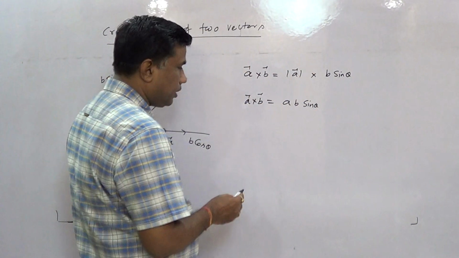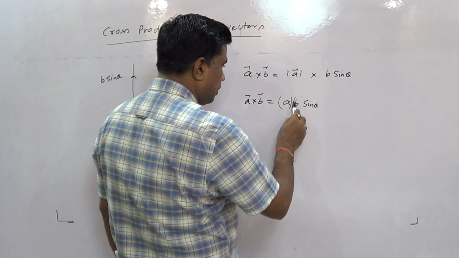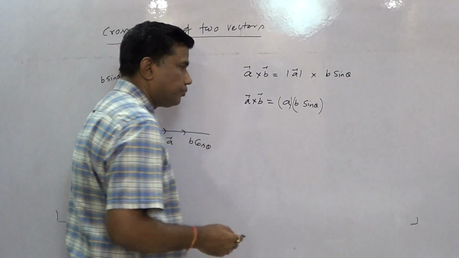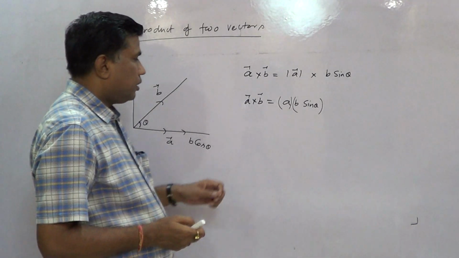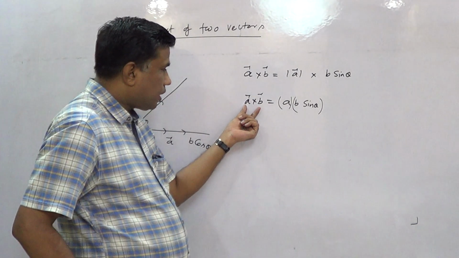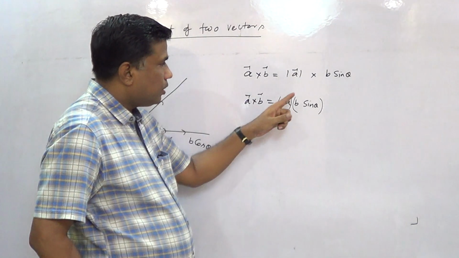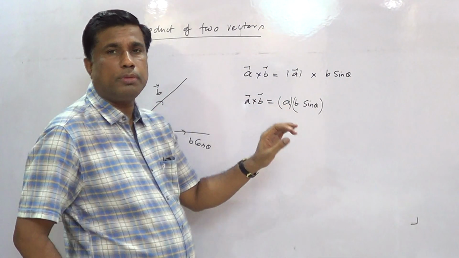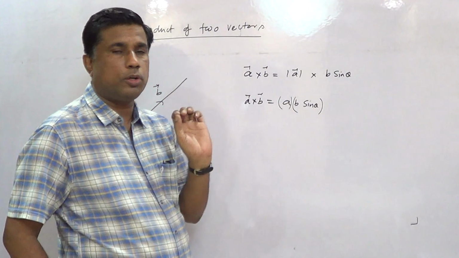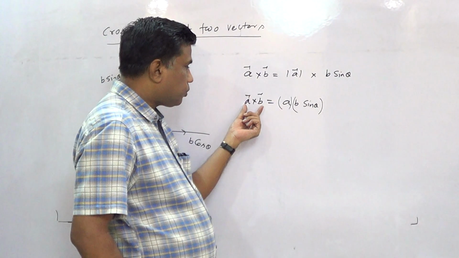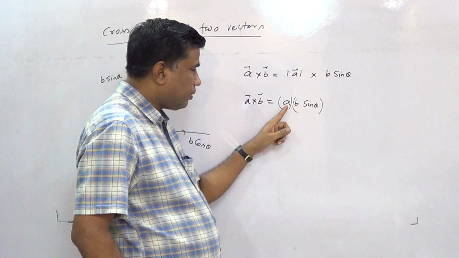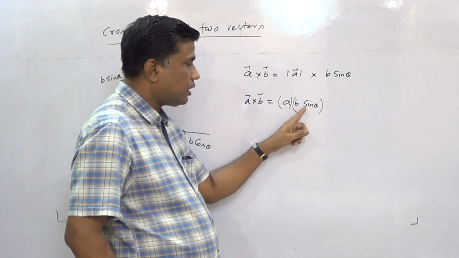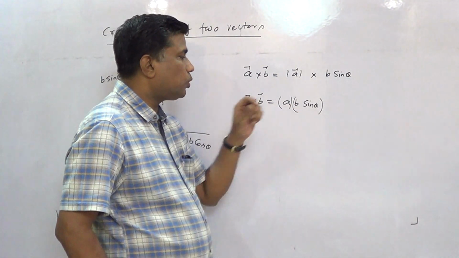Now with the help of this we can define the cross product of two vectors. Listen, cross product of two vectors may be defined as product of, between them there is a product symbol. If there is no symbol, we will say it is multiplication or product. So cross product of two vectors may be defined as product of magnitude of first vector and component of second vector perpendicular to first vector.